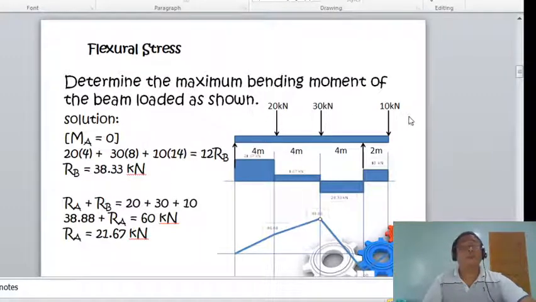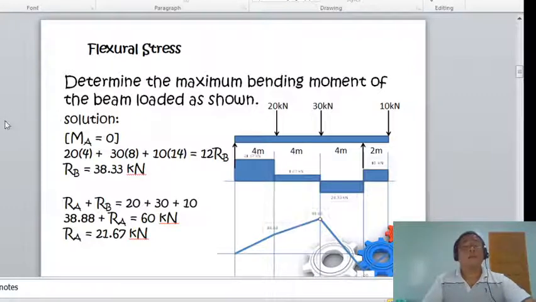First, taking summation of moment about A equals 0, where A is the support at the left portion.